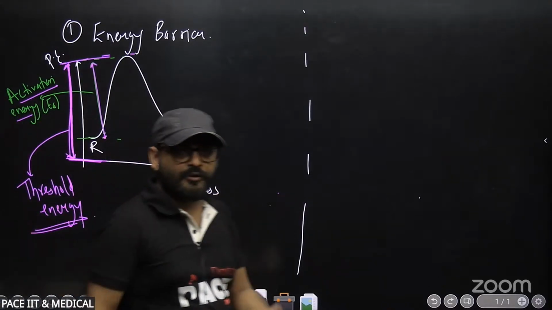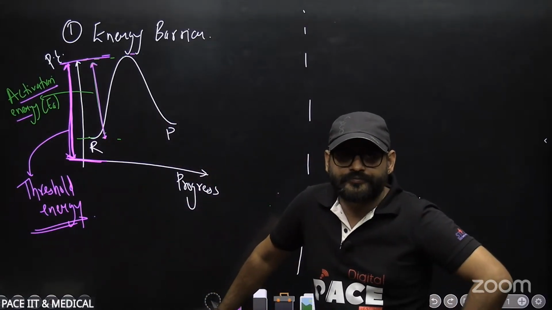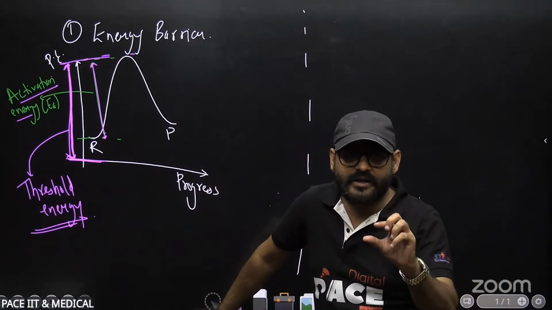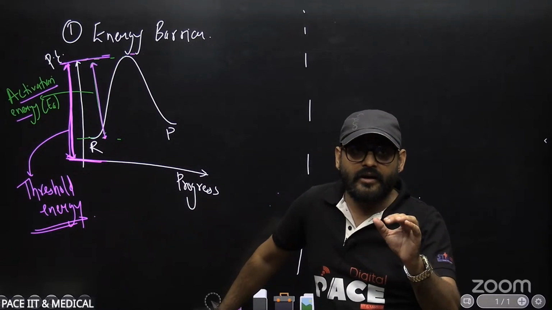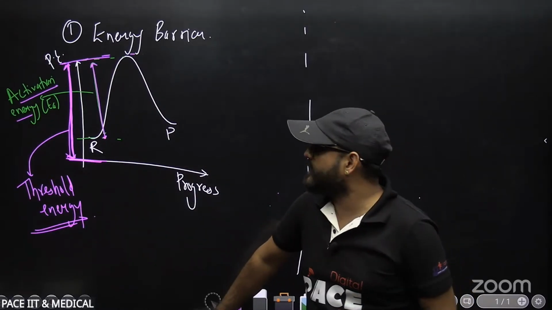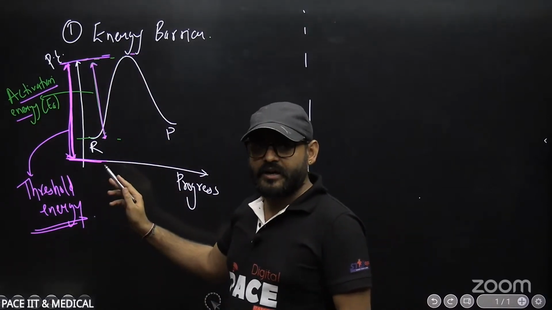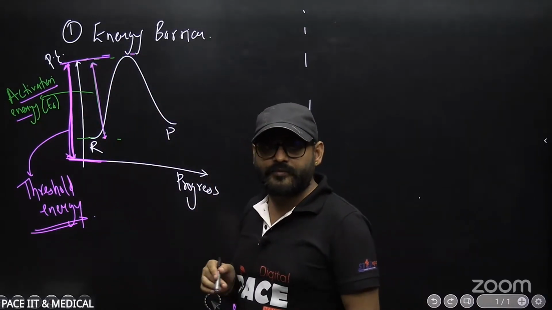The difference between these two must be clear from the graph drawn here. Activation energy is lesser than threshold energy. Threshold energy is the total energy of the reactant molecules to cross the energy barrier.